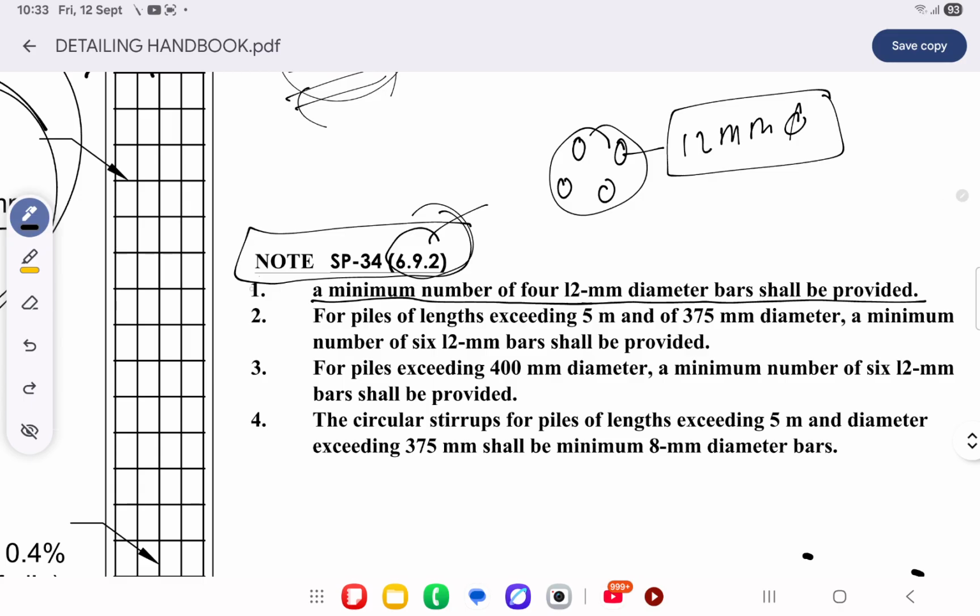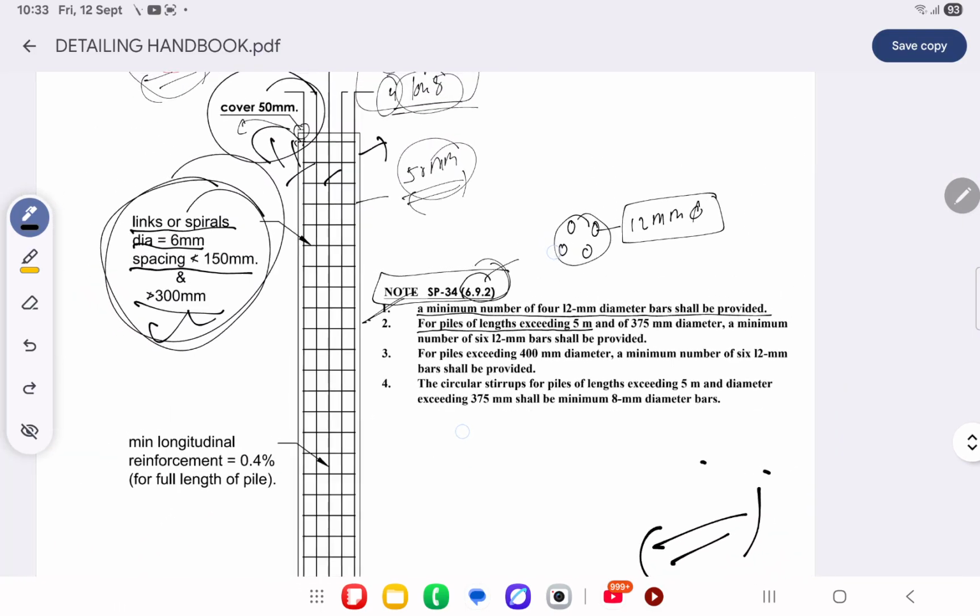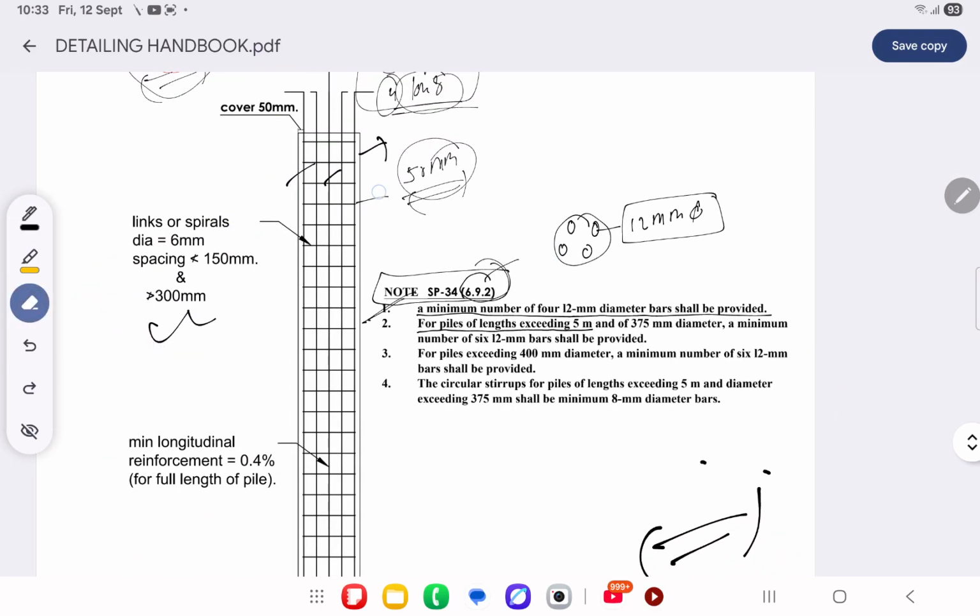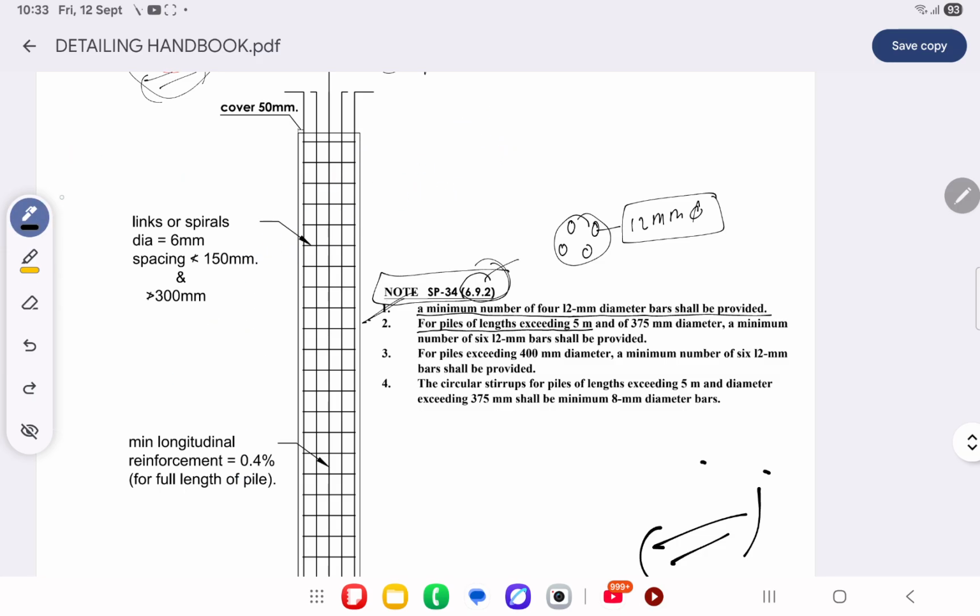First one. Okay, second one, for pile of length exceeding 5 meter. Suppose this is the pile, you can see here. I'm just trying to think very elaborately, so you grasp the things in a very easy way.